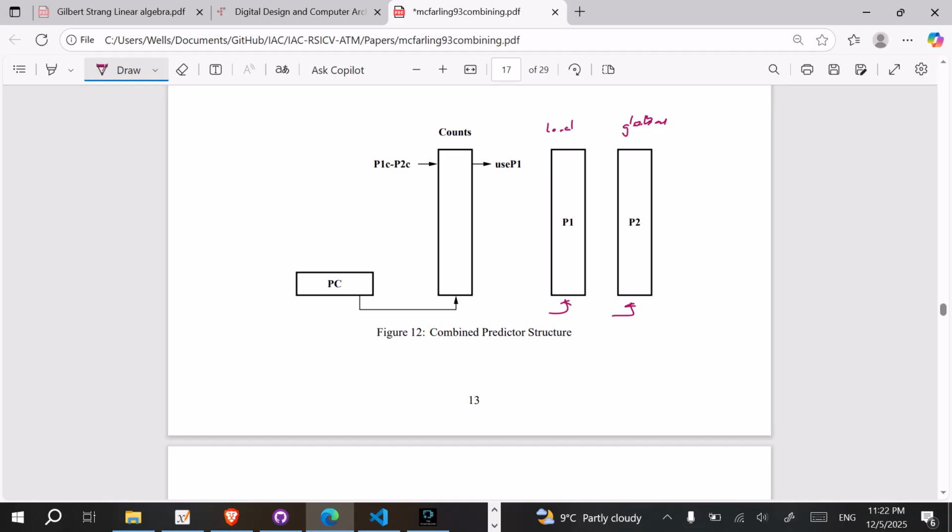The easiest one is: what happens if I use another bimodal, just choosing between them? If this one is mostly correct from the bimodal, because bimodal has this hysteresis problem, then I'll just use P2, and in the meanwhile update P1.